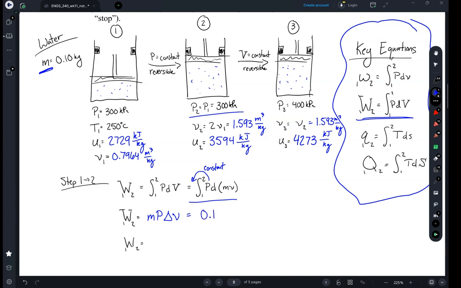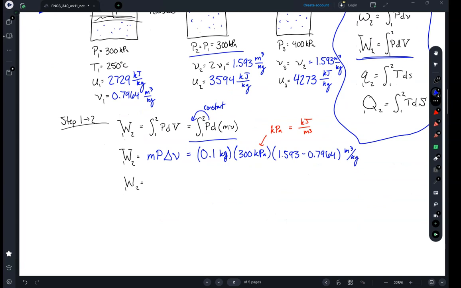We can put some numbers to this. 0.1 kilograms, 300 kPa, and our change in volume, final minus initial, 1.593 minus 0.7964 meters cubed per kilogram. We might need to look up how to do the units on this, but I remember that a kilopascal is a kilojoule per meter cubed.